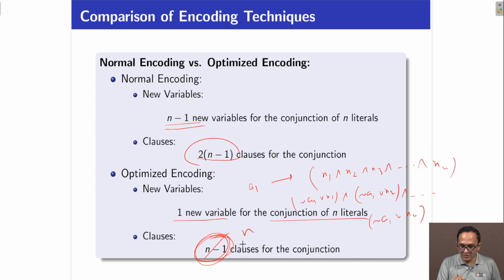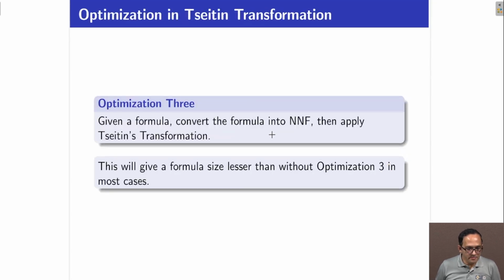So, I will get n clauses effectively, but in the original encoding I will get roughly 2n clauses. Here the explanation is given in terms of n minus 1, but if you take n I will get n clauses, whereas here it is 2n clauses. So, the clause count almost becomes half if I apply optimization 2.